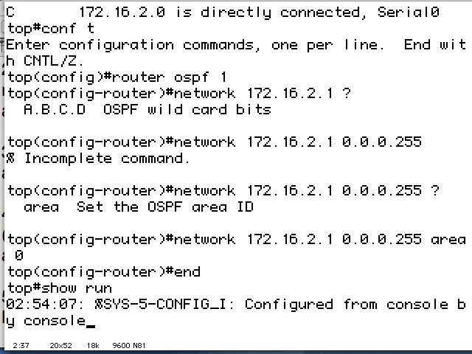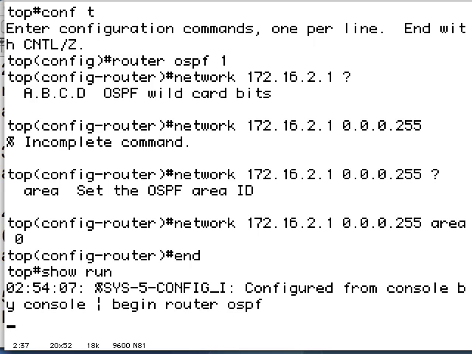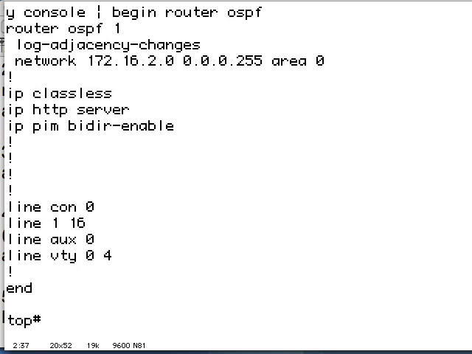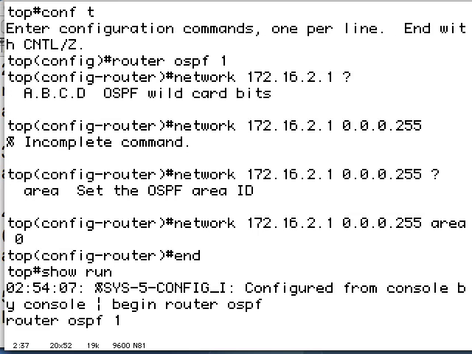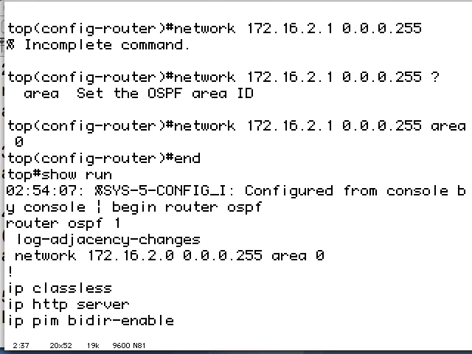So let's do a show run, type begin router OSPF. And you can see that I typed in network 172.16.2.1, 0.0.0.255, but the router put in my config network 172.16.2.0 with don't care bits of 0.0.0.255.